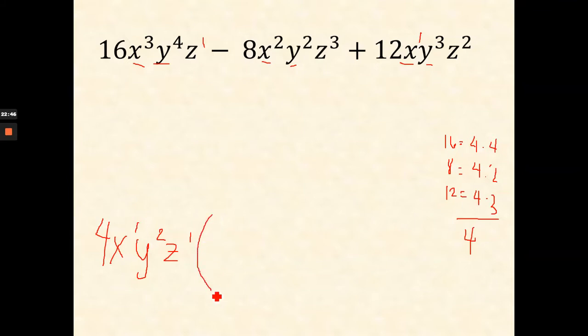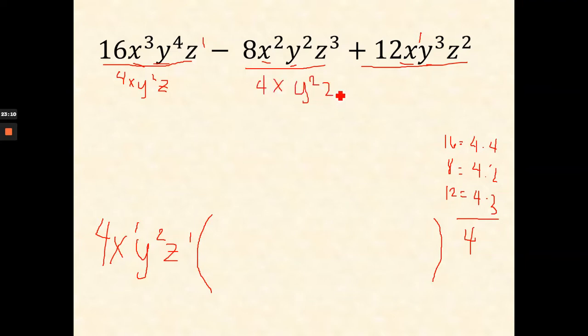And so we are now ready to find the other factor. You're just going to divide each term by the GCF, which is 4x y squared z.